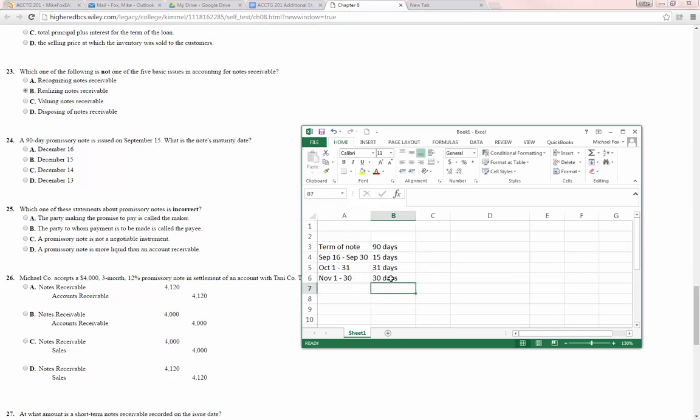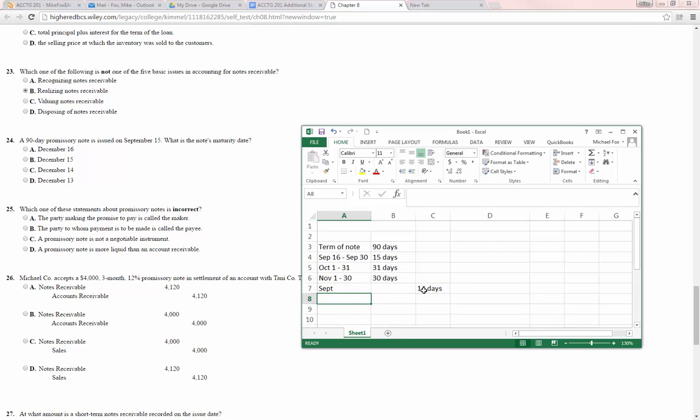And now we'll see that we have to figure out the remaining month. In essence, we just say, look, if we had 90 days total, and we've used up 15 and then 31 and 30, which is 76 days, then we have 14 days remaining, and that would be the due date.